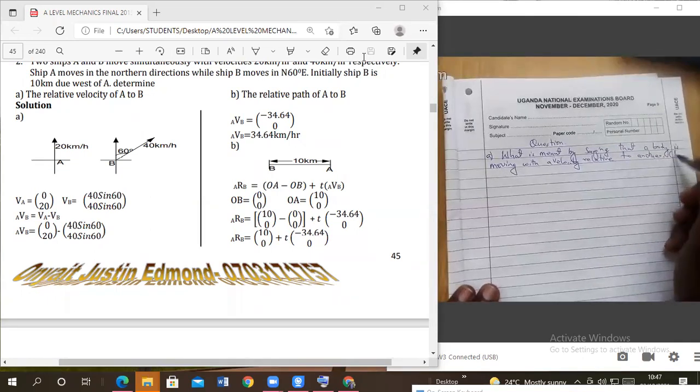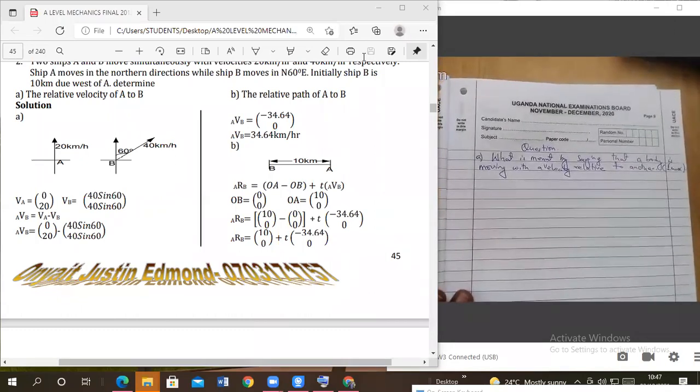One mark. Who can give us that? Give it very fast, please, and we proceed.